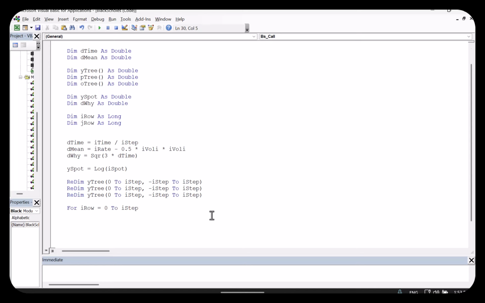So for each of the time steps from 0 to 100, let's say, I'm going to actually have a second loop in here for j row equals negative I step to I step. Remember, at the core, I have only one node. Then I'm going to have negative 1, 0, 1, negative 2, negative 1, 0, 1, 2.